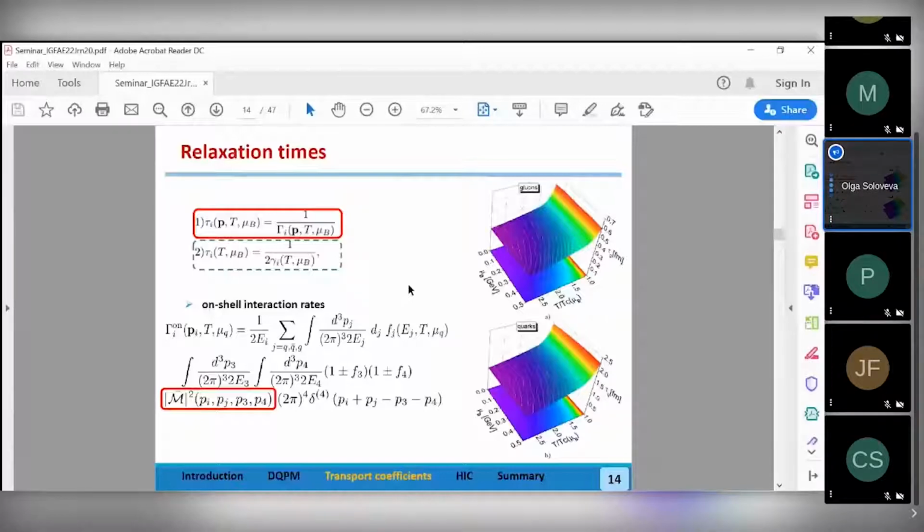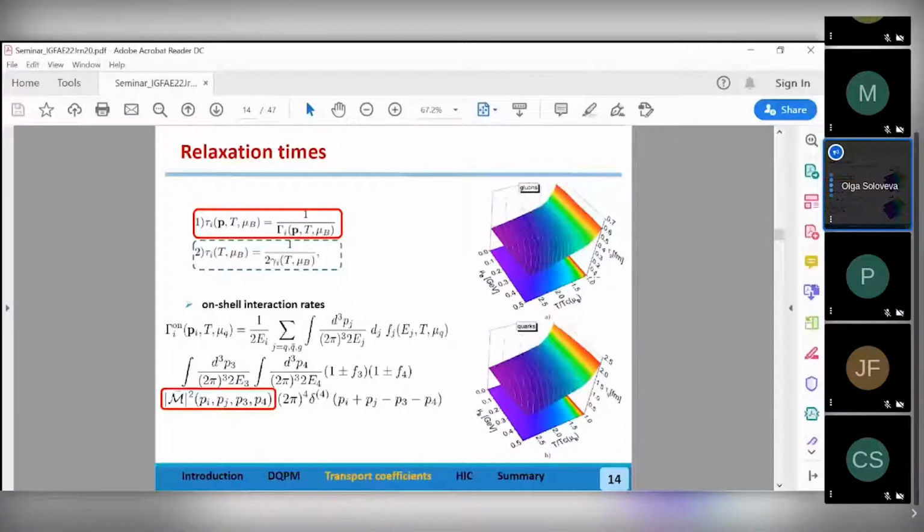And as you can see, for heavier degrees of freedom, and also for more strongly interacting degrees of freedom, the relaxation time is smaller. So for gluons, relaxation time is around twice smaller than for quarks.